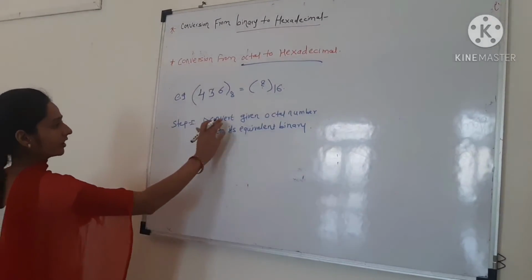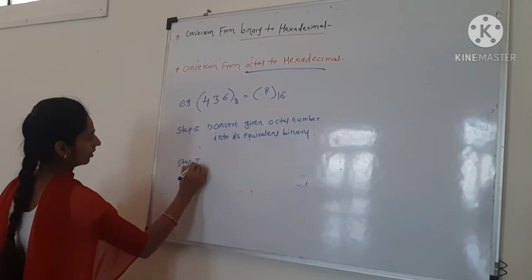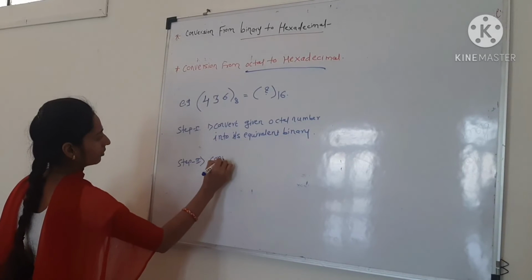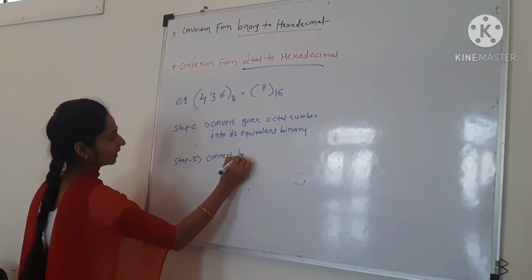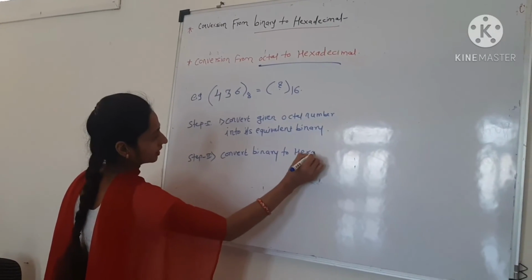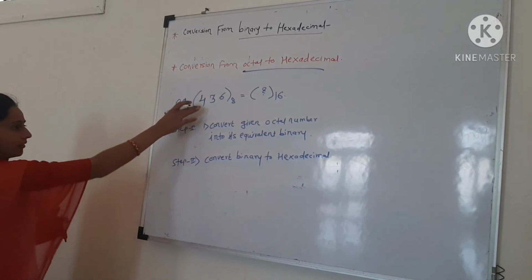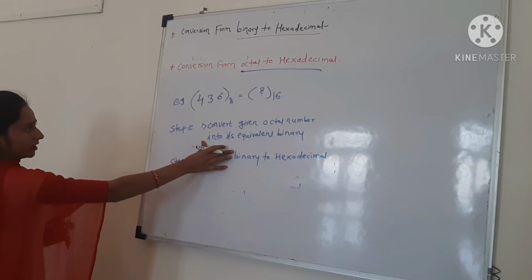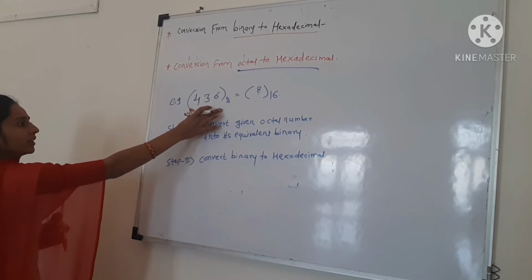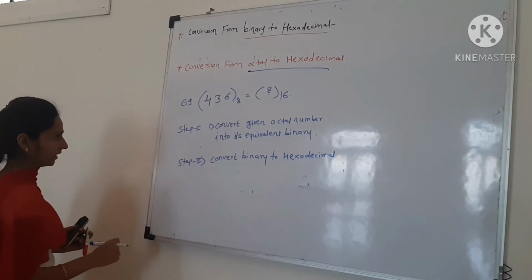First we have to convert it into a binary number. After that we have to convert this binary to hexadecimal. So in this conversion we are using two conversions, that is firstly we are converting our octal number to binary and then binary to hexadecimal.